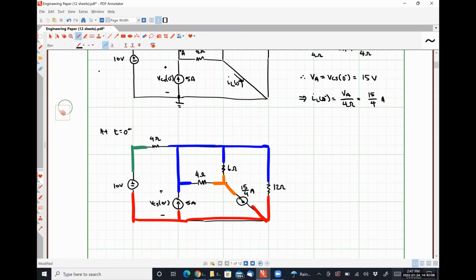So we got 4 nodes. I'm going to purposefully choose this one at the bottom as my ground. And I'm going to call this one VA and this one VB, with the understanding that my green node is just 10 volts with respect to ground. I don't need to really write an equation for that at this point.